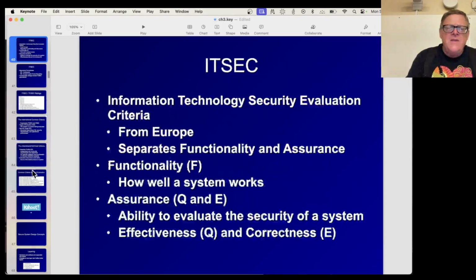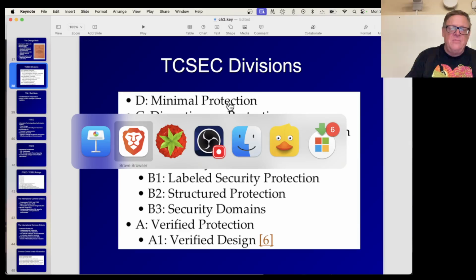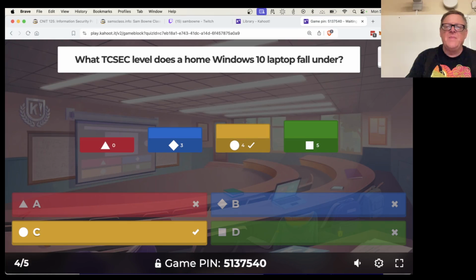You go back to TCSEC, which is here. Okay, so C is where you have discretionary access control, which is what you have when you have an owner. Now, an MS-DOS laptop would be D, where there isn't even an ownership or anything. Anyway, all right, so it's a C.